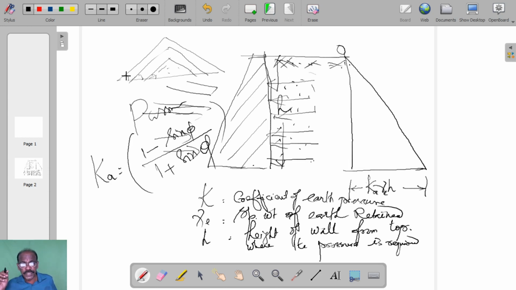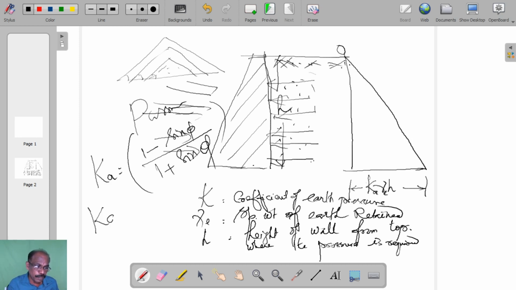And what is passive earth pressure? We have already talked about passive earth pressure. Passive earth pressure is the opposite of active earth pressure, and it will compress the retained earth. The pressure in the opposite direction is nothing but passive earth pressure.